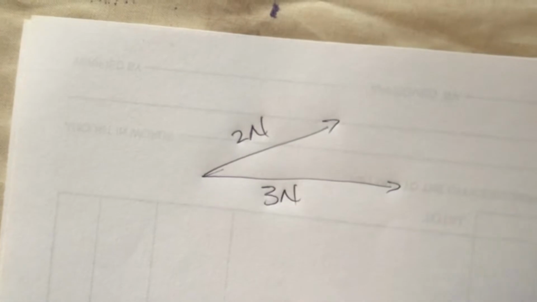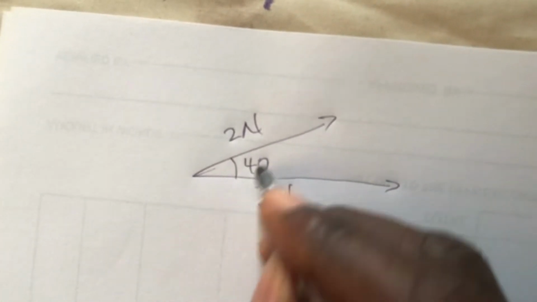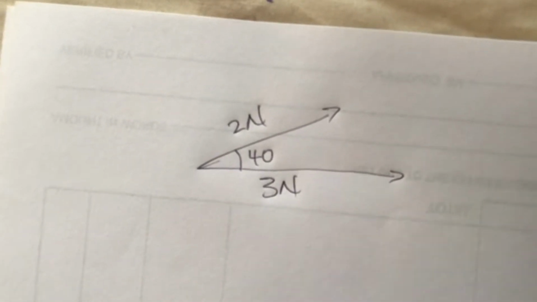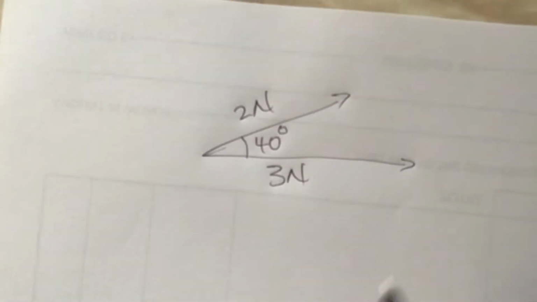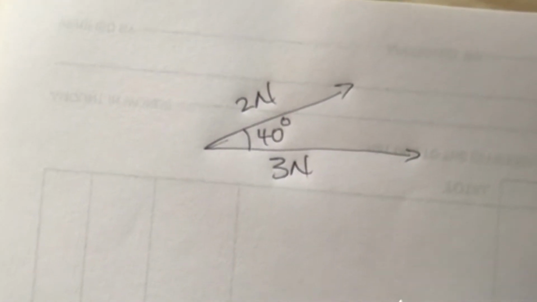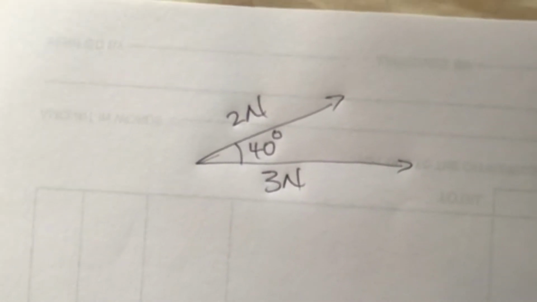These are the vectors. This one is 2 Newton. This one is 3 Newton, inclined at 40 degrees. There are two methods of solving this problem. It is either by parallelogram method or by triangular method.